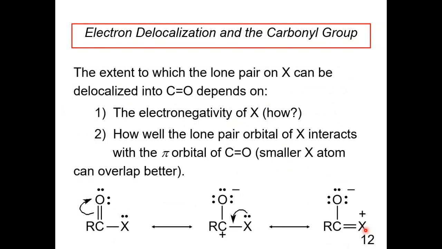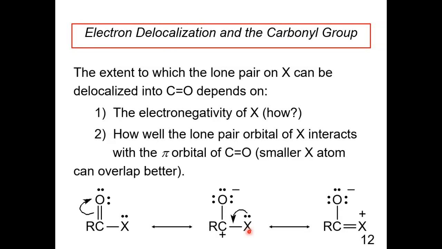So the electronegativity of the heteroatom X will impact its willingness to give out a lone pair. A more electronegative element is less willing to give out a lone pair, and a less electronegative one is more willing.